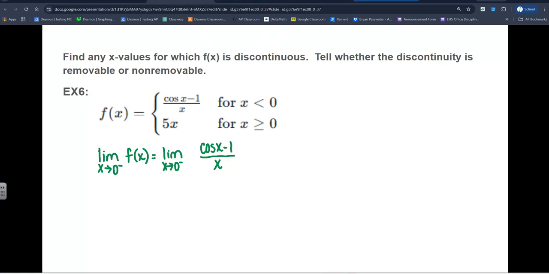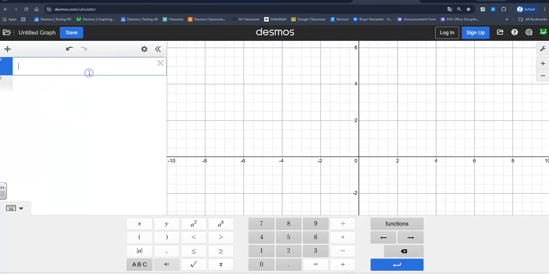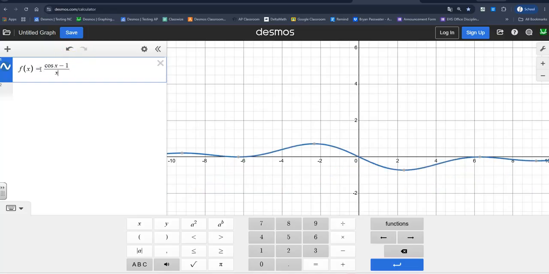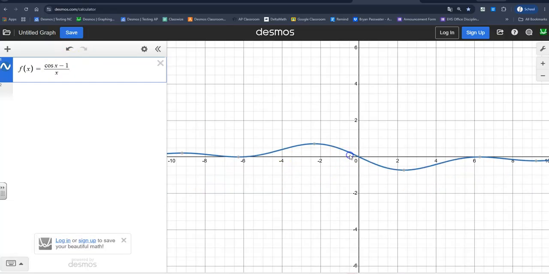something. So if I graph cosine x minus 1 over this whole thing over x, and we're doing x approaches 0, what's our answer going to be?